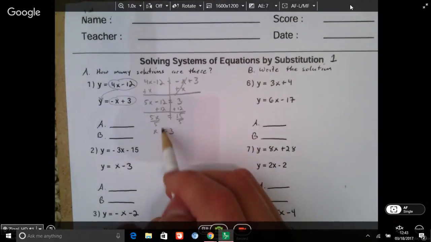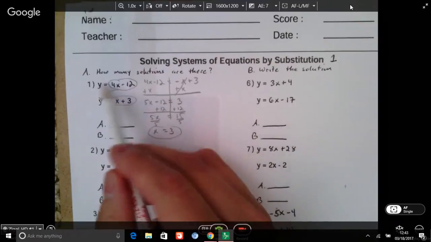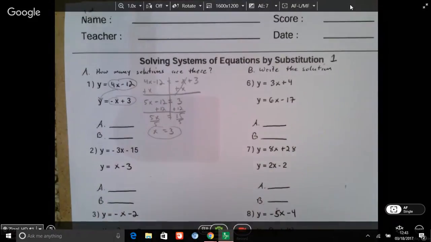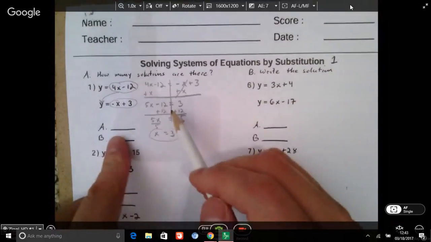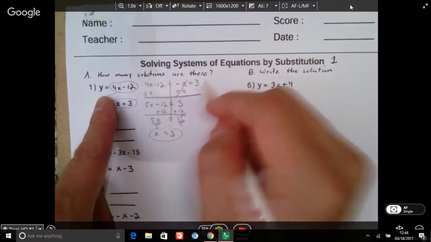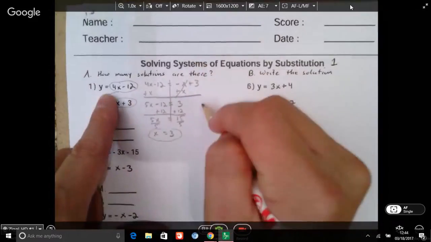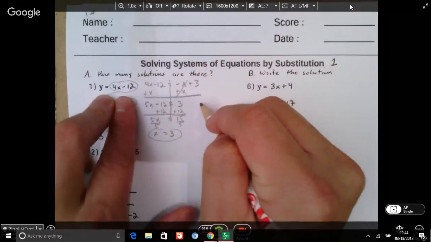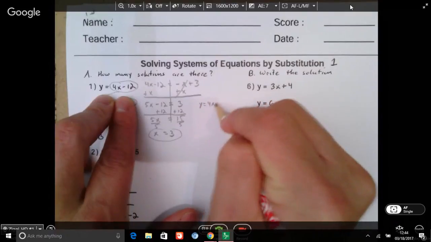Once I know that x equals 3, I can go back to one of these two equations. It doesn't matter which one. I'm just going to plug in 3 for x and get my y. So, for example, let me go back to this one: y equals 4x minus 12.